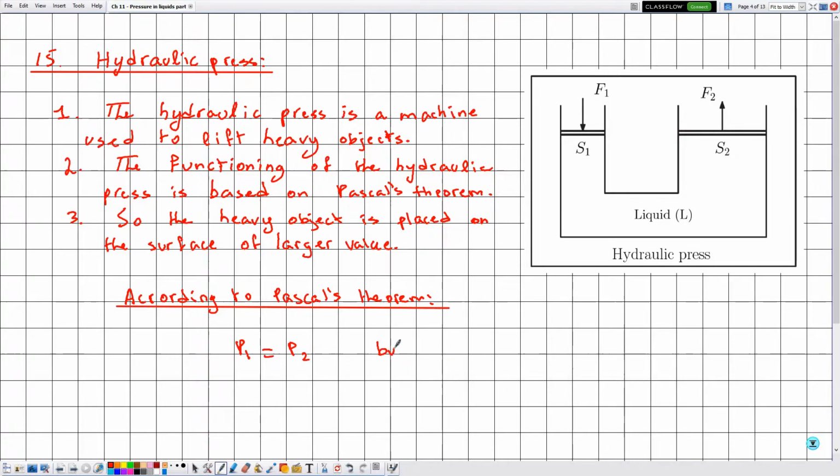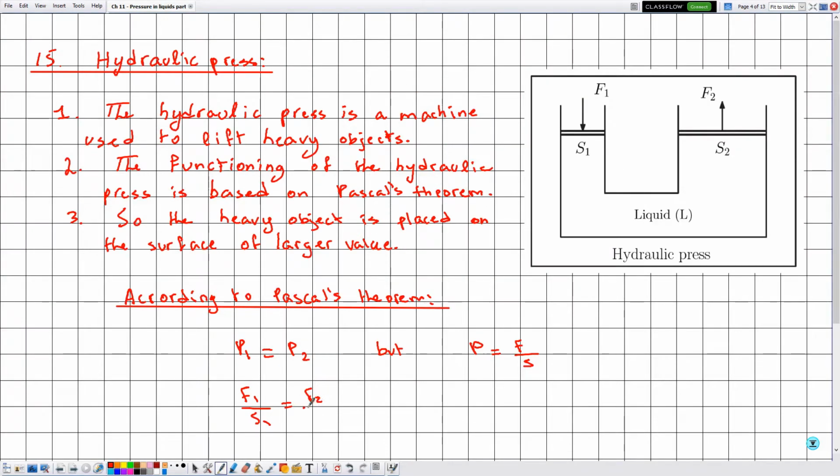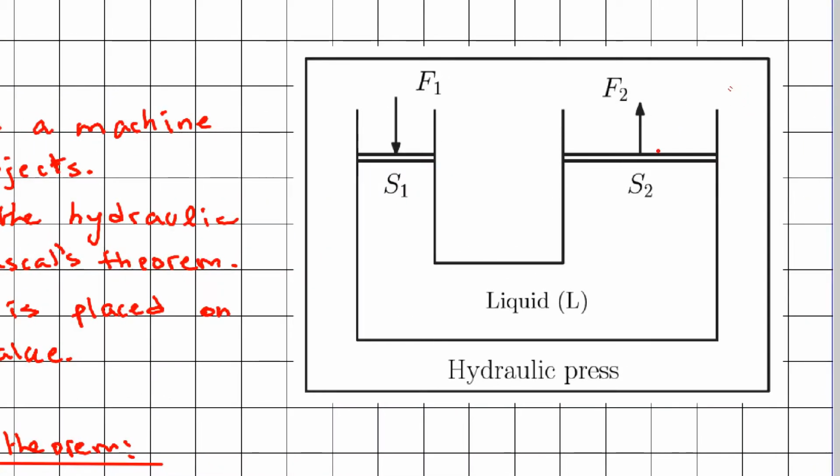But we know that the pressure is related to the force and it's given by the ratio of the force over the cross-sectional area. Then we can say that F1 divided by S1, so we have replaced P1 by F1 divided by S1, and we will replace P2 by F2 divided by S2. Usually the heavy objects are placed on branch 2.